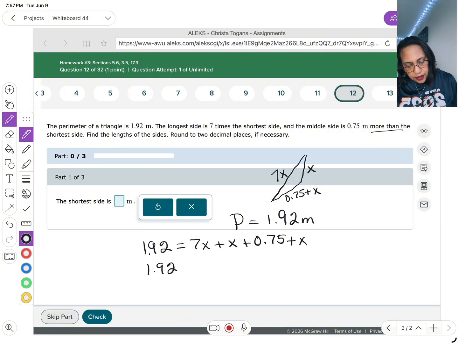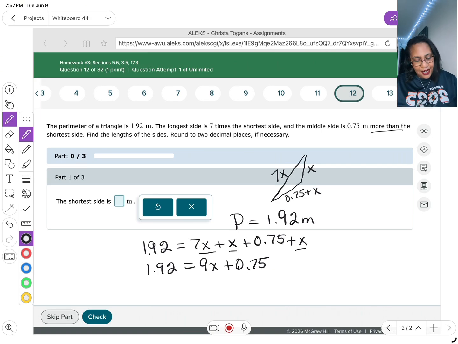So 1.92 is equal to all of the x terms added up. So that would be 9x plus .75. I have a bad habit of not putting the 0 in front of the decimal point because I know it's not really significant. But anyway, that's just my little quirk there.